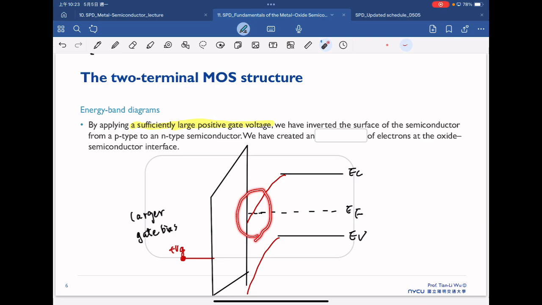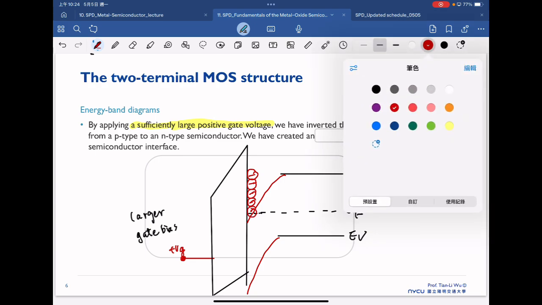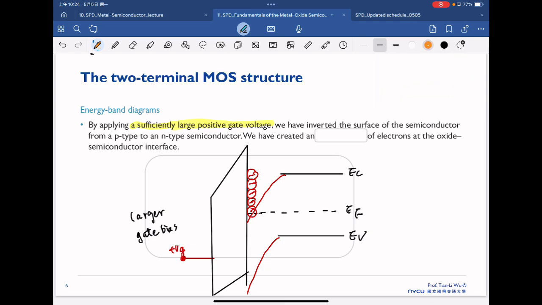That means right now this region becomes a pretty high concentration N region, and in this case we will induce a lot of electrons here, and this is what we sometimes call the inversion layer.